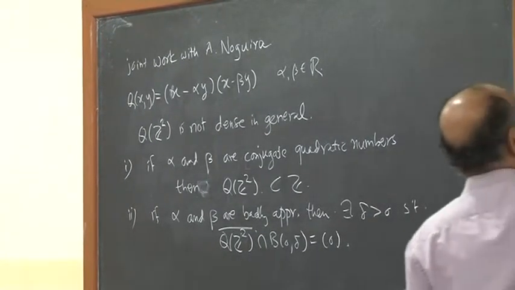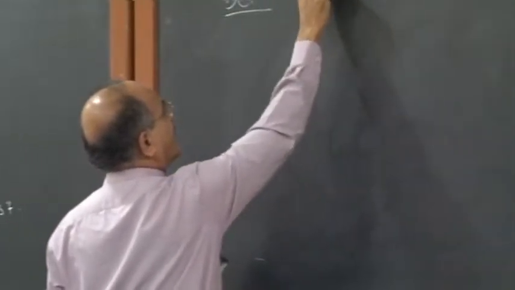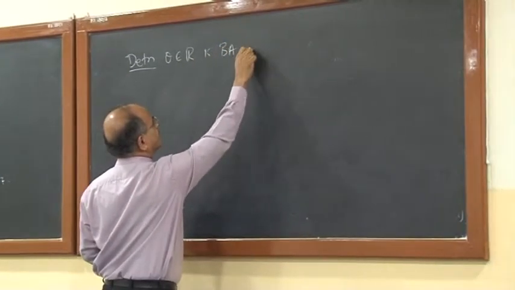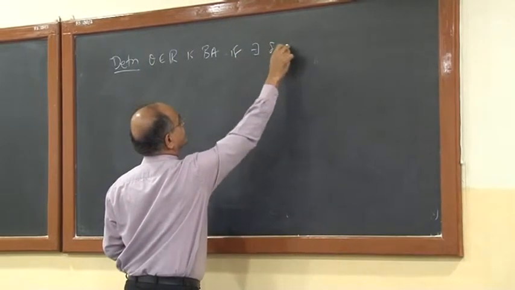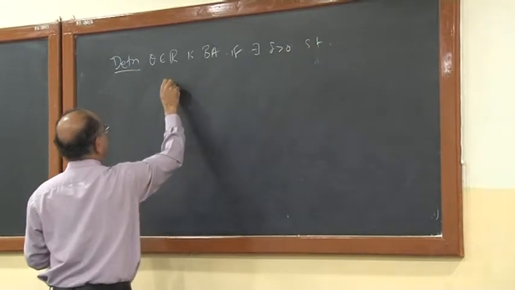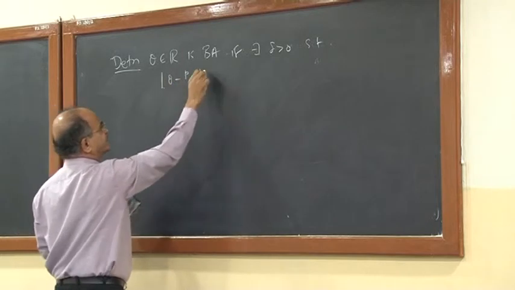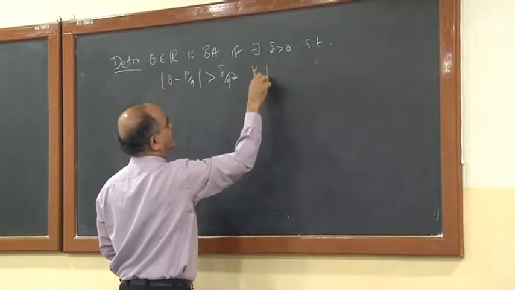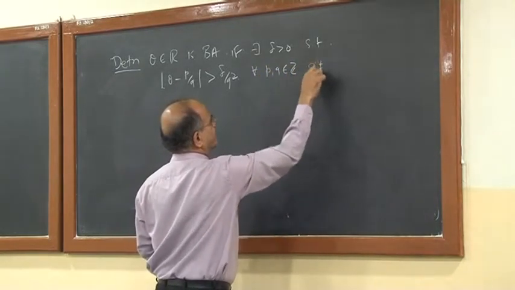Theta in R is said to be badly approximable if there exists a number delta such that |theta minus p by q| is greater than delta by q squared for all integers p, q, q not equal to 0.